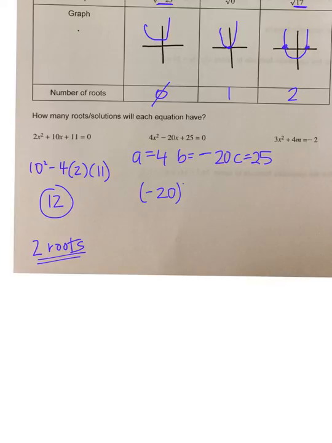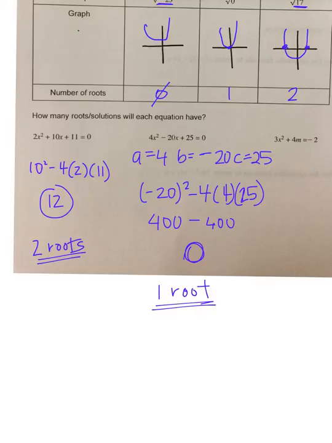Negative 20 squared minus 4 times 4 times 25. Negative 20 squared is 400, minus 4 times 4 is 16, times 25 is 400. 400 minus 400 is 0. If my answer is 0, it means there is one root to that problem.